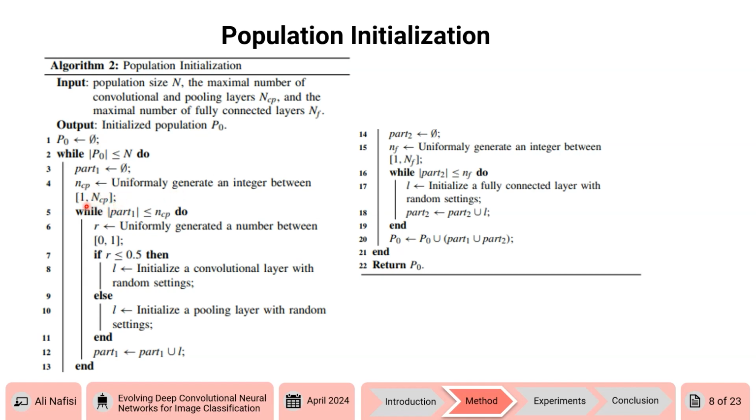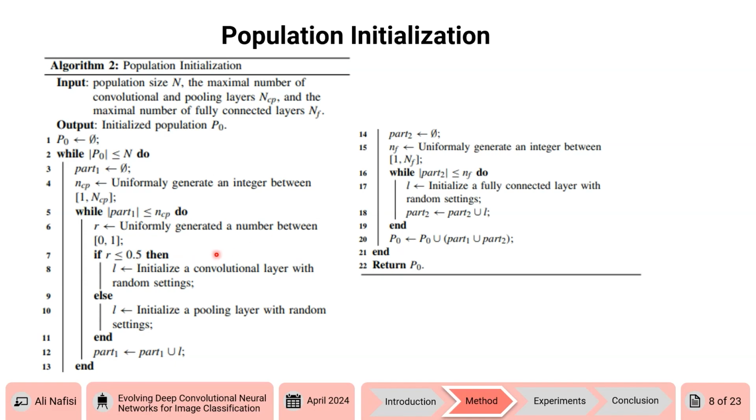So we can initialize only one convolutional or pooling layer, up to N of CP, and there's just a 50% chance to initialize a pooling layer and 50% chance to initialize a convolutional layer. So everything is equal here.